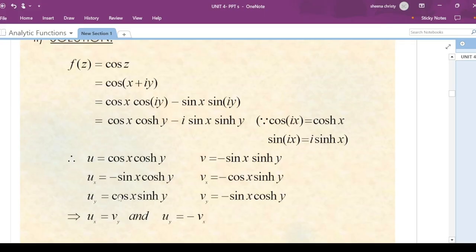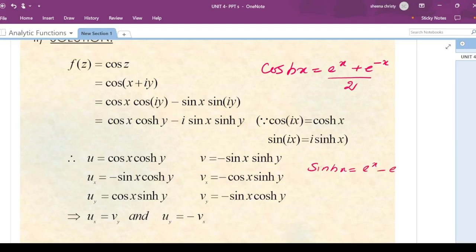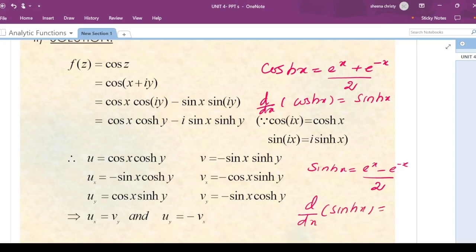Differentiating u with respect to y, you will get the differentiation of cosh y, which is sinh y, because you know that cosh x = (eˣ + e⁻ˣ)/2 and sinh x = (eˣ − e⁻ˣ)/2. So, the differentiation of this will give you d/dx of cosh x is sinh x, and d/dx of sinh x is the differentiation of (eˣ − e⁻ˣ)/2, which is (eˣ + e⁻ˣ)/2, so you are going to have cosh x.